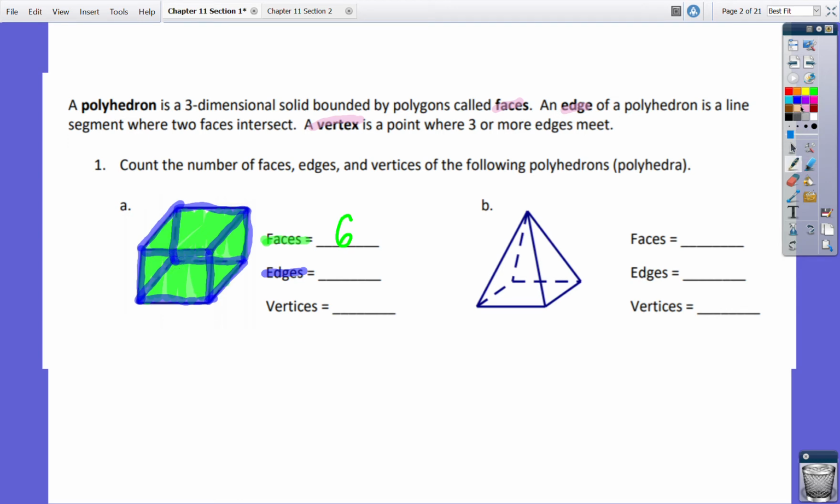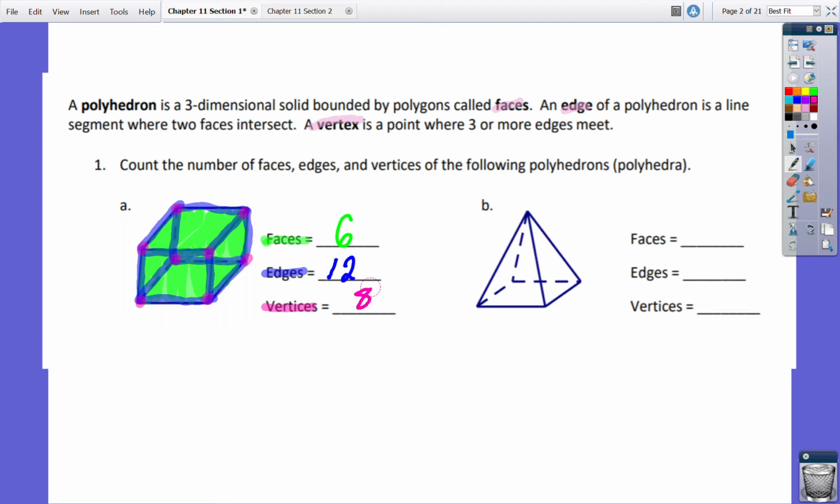So it looks like we have 12 edges. And all of those edges come together at different vertices. Okay, so for our vertices, I'm just going to look at where all those points are basically. So I have 1, 2, 3, 4, 5, 6, 7, 8. So it looks like I have 8 vertices.